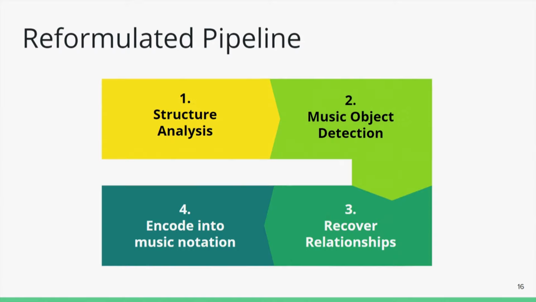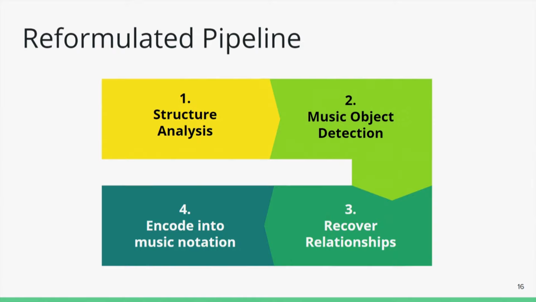For my dissertation, I took that pipeline and slightly reformulated it into the following 4 things to enable self-learning of most of the steps that are part of this. So the first step of my pipeline would be to analyze the structure, to find the staves, find measures, and kind of do this pre-processing. The second step is finding all music objects. The third step would be recovering the relationships between the detected objects.